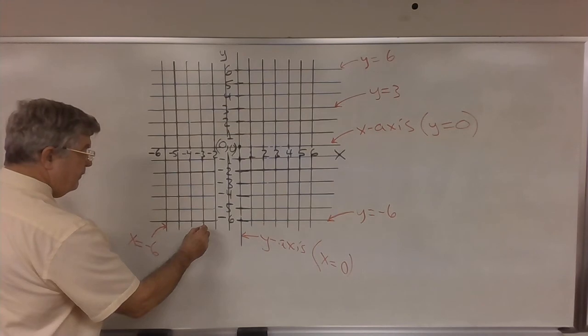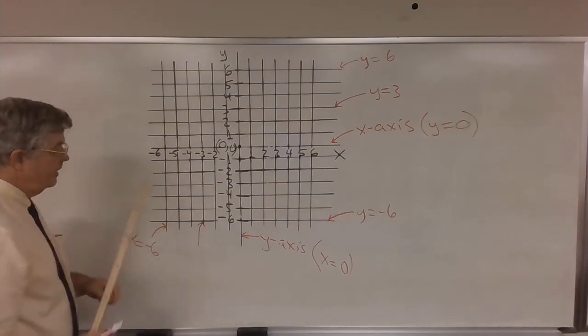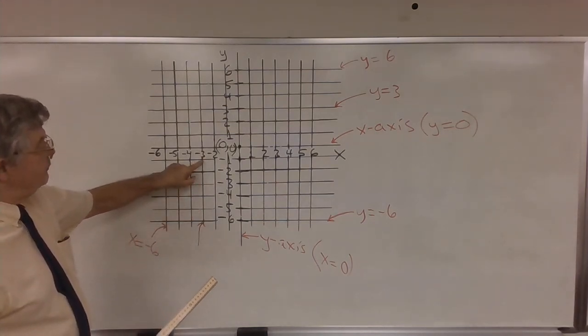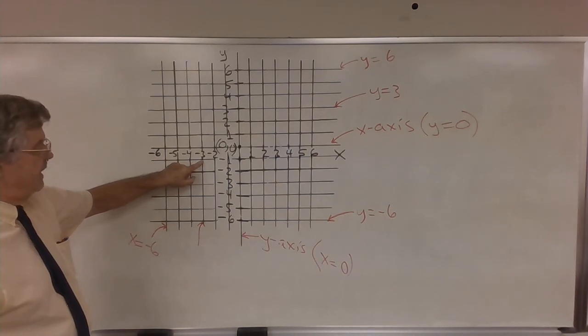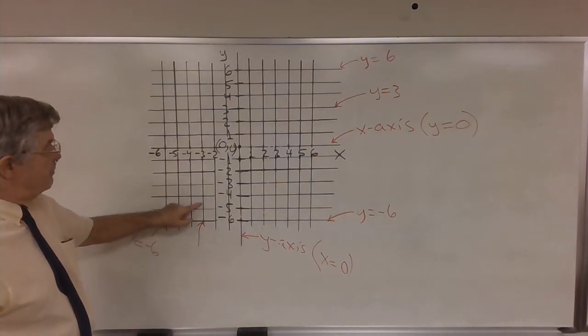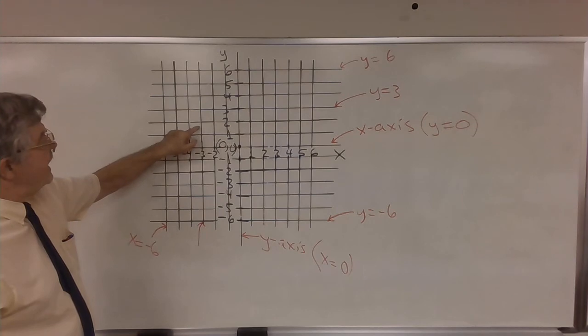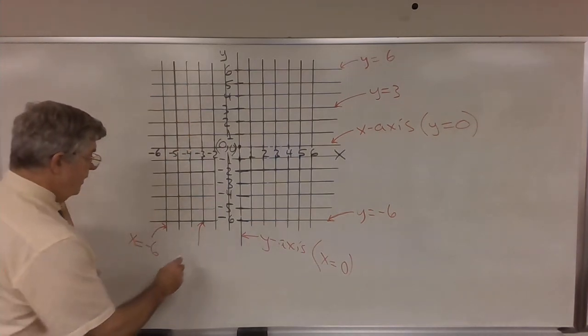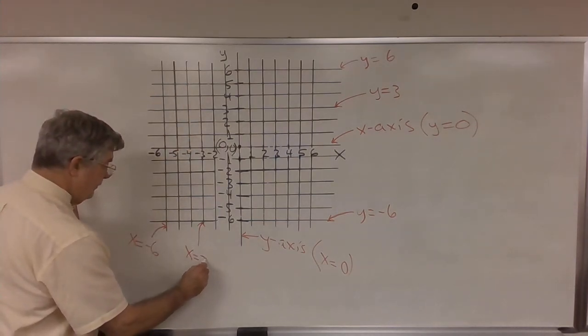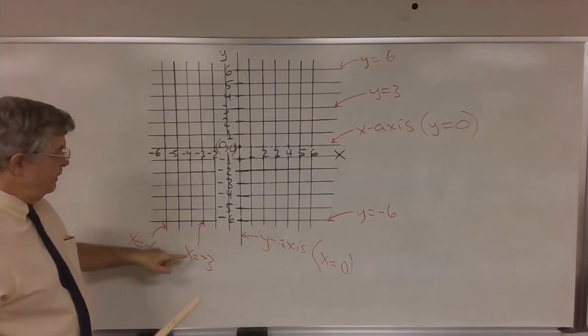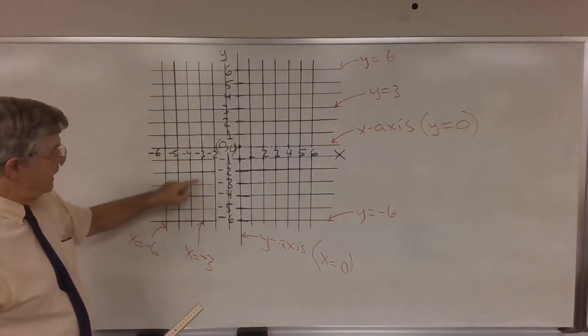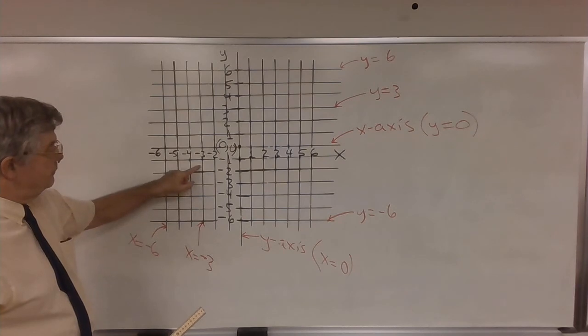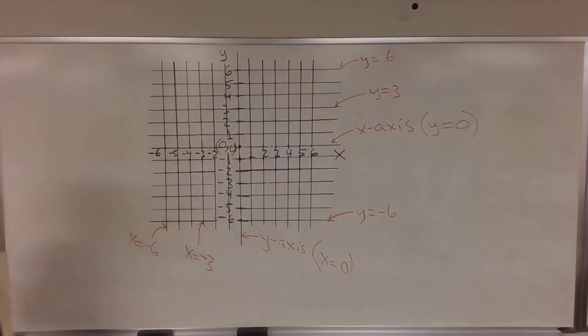And let's look at this vertical line. This vertical line passes through -3 on the x-axis. So every point on this line has an x-coordinate of -3. And we describe this line by saying this is the line x equals -3. And so forth.